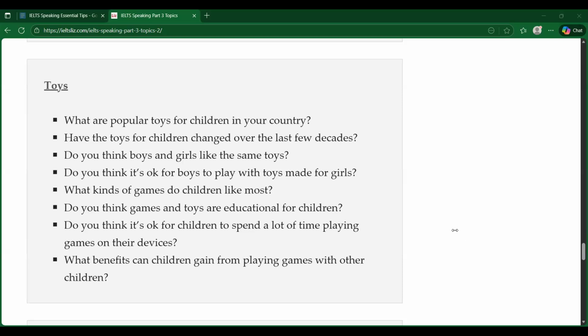Ma'am, I would also like to share one of my experiences. Almost 1 month ago, I started speaking practice. At the beginning, I practiced with ChatGPT, and ChatGPT graded me at 6.5.